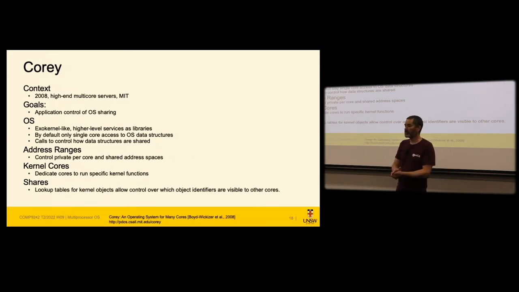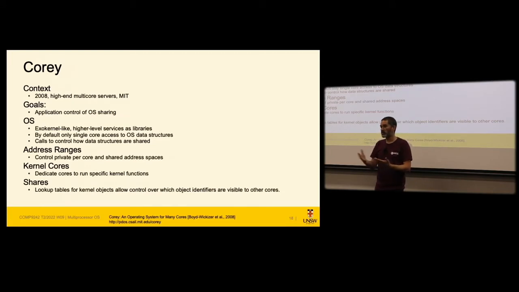So any data structures that would be allocated would by default be single core. And then if the application wanted the OS to share more, so for example, it knew it was going to run on a bunch of cores and it would need key data structures to be shared, then it would need to call into this exokernel and say, this range of data or this data structure will need to be shared amongst these cores. And then Corey would do that.